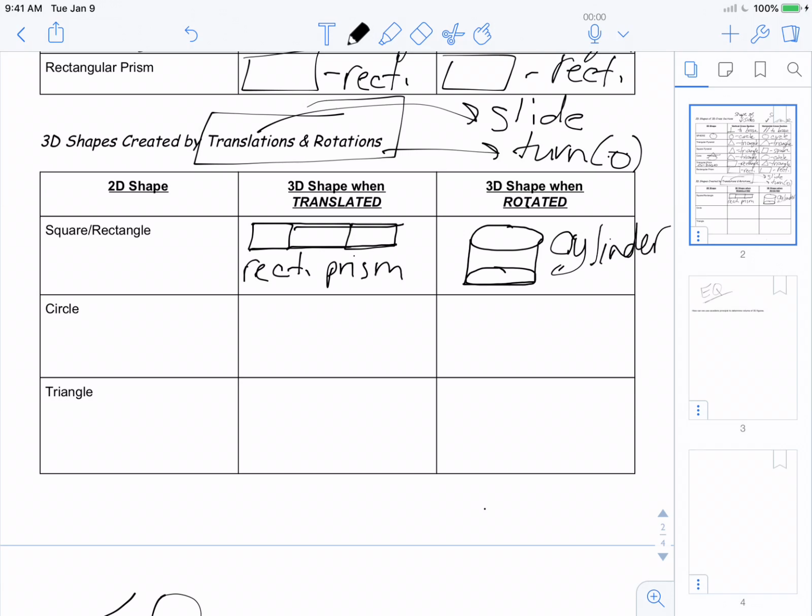Again, if I have a circle and I slide it, that's going to give me a cylinder.